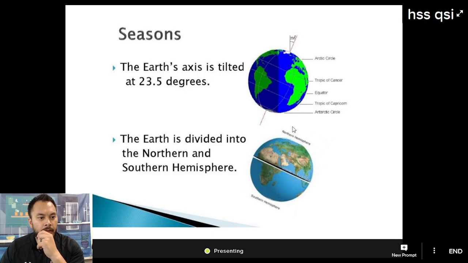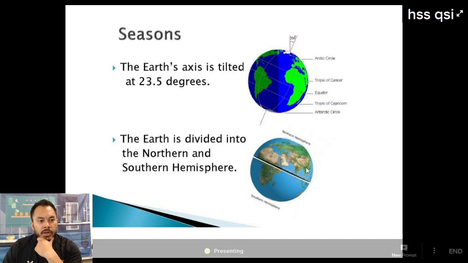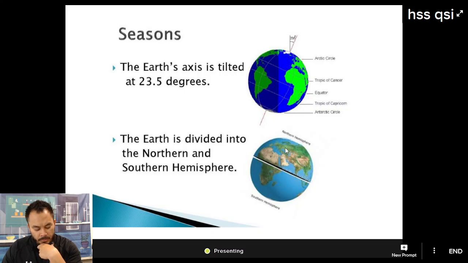Another thing that I'm pretty confident y'all already understand is that the Earth generally is divided up into 2 main sections, a top half and a bottom half. We call those the northern hemisphere and the southern hemisphere.